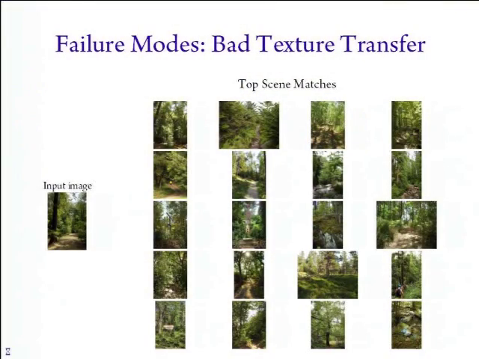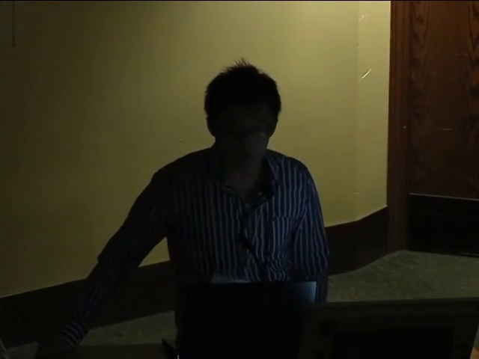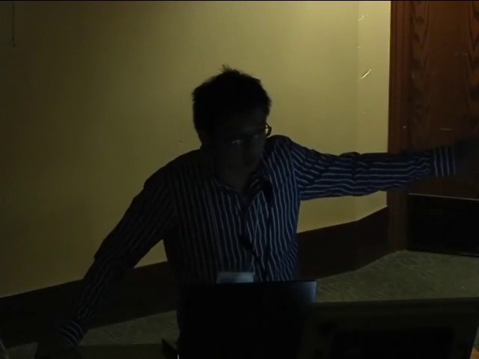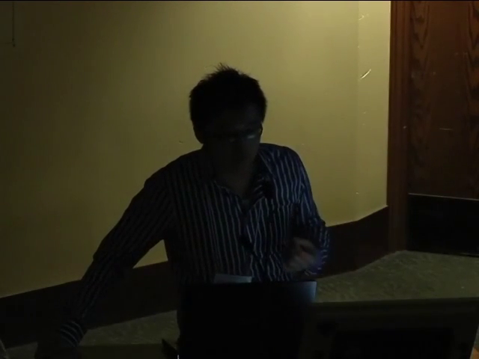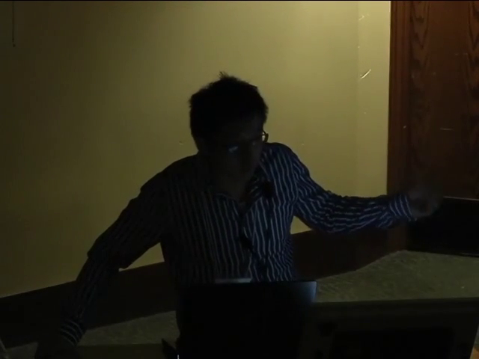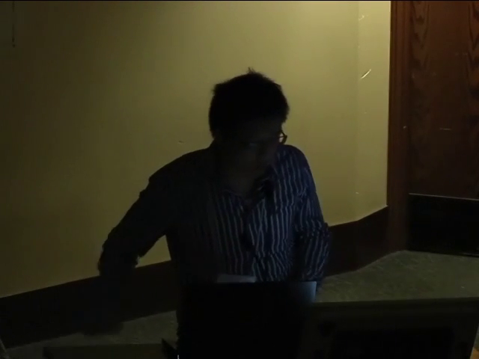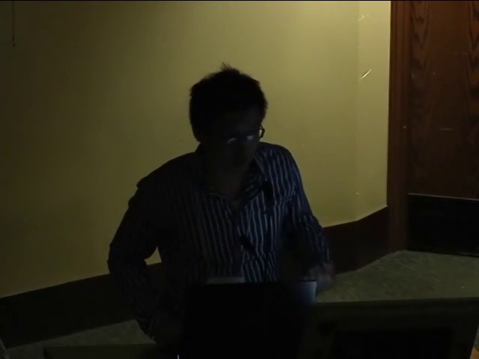And this is, I think, the most interesting failure case. So this is not saying our scene match is bad. On the opposite, we have a perfect scene match. All the textures you need on the left can be found on the right. But the problem is the input image is not so structured. The tree trunk is the only main structure in the image. And it's just really hard for the algorithm to produce coherent textures.